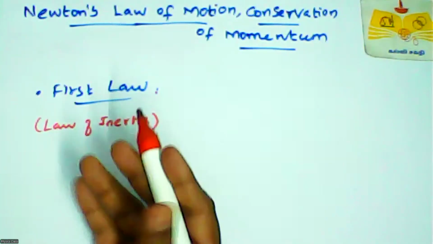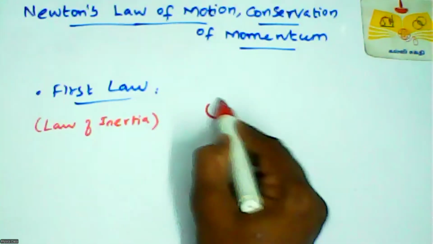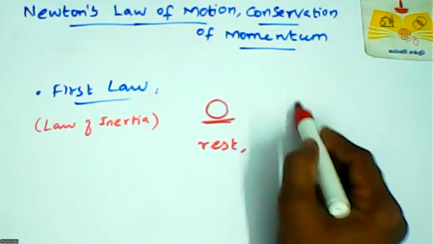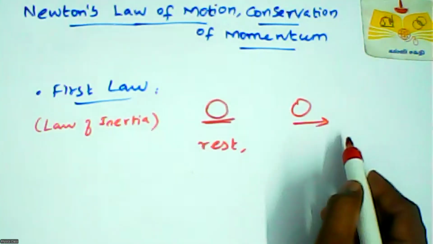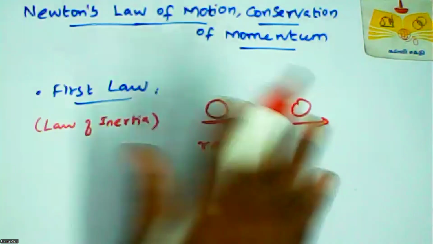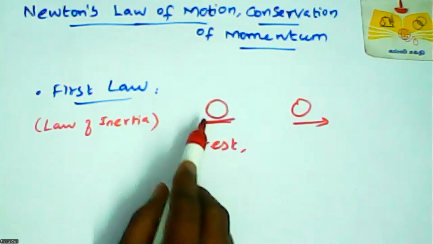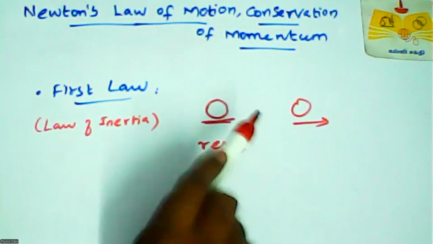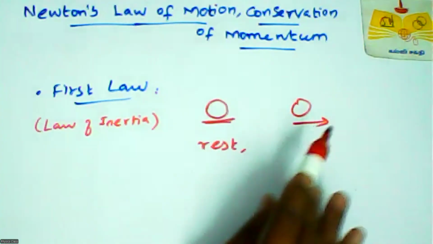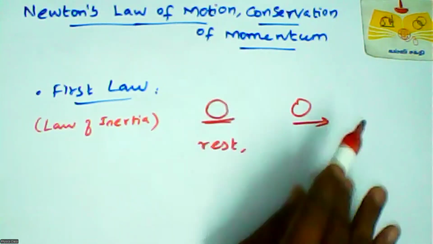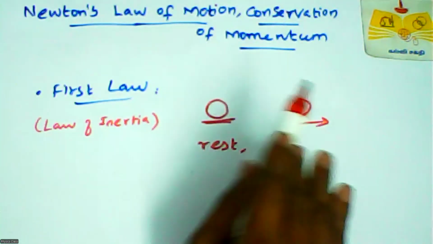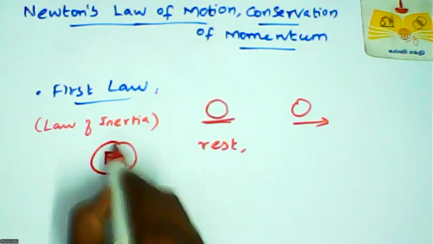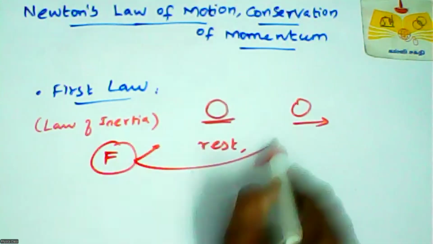An object at rest stays at rest. An object in motion stays in motion with the same speed and in the same direction unless acted upon by an unbalanced force.